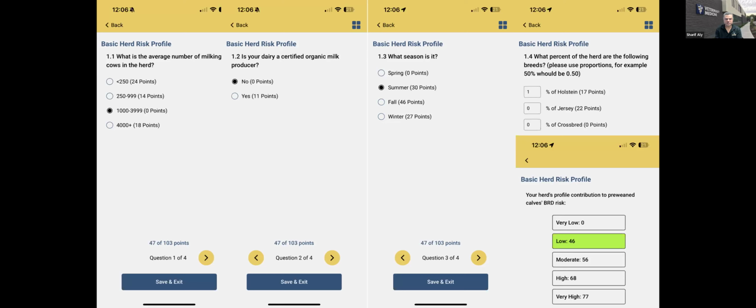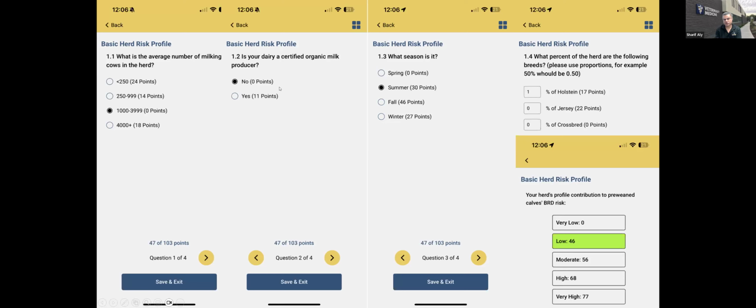But there's a reference, and the higher the score or the point, the higher the risk, if you will. Once you've selected, it tells you how many points so far the herd has scored out of the total for that management practice.